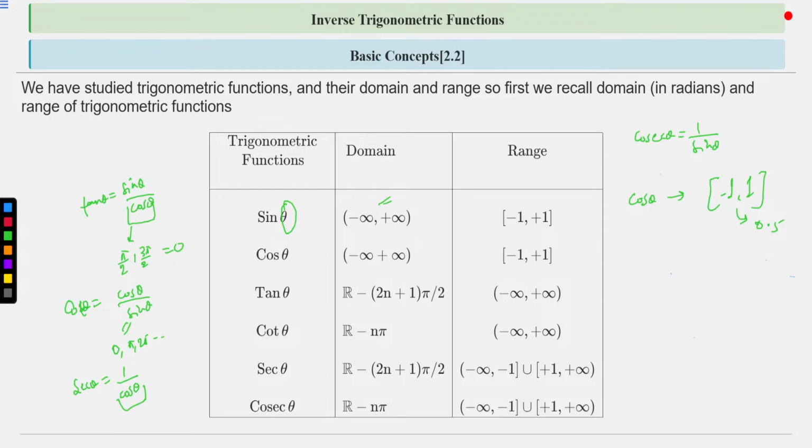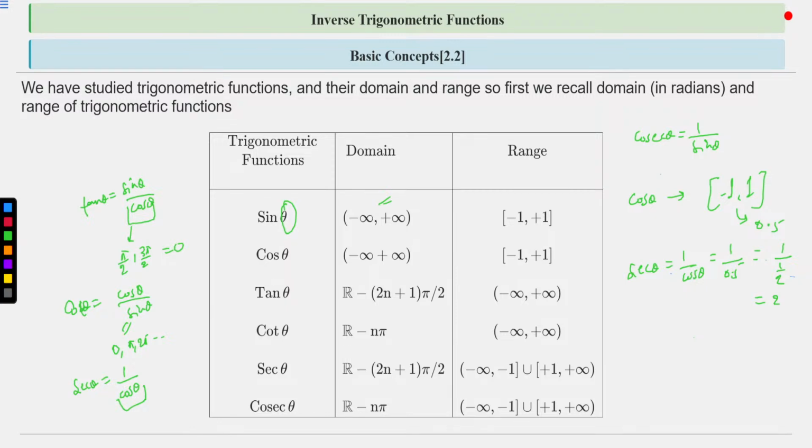So cos theta can be 0.5. Now sec theta is 1 by cos theta, so it will be 1 by 0.5, which is 2. So the value of sec theta is 2. Sec theta cannot take its value from minus 1 to 1, right?